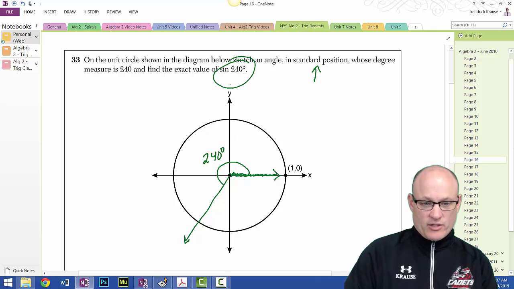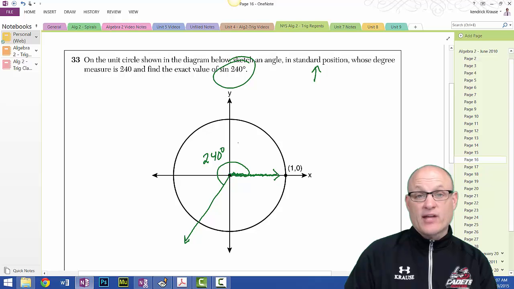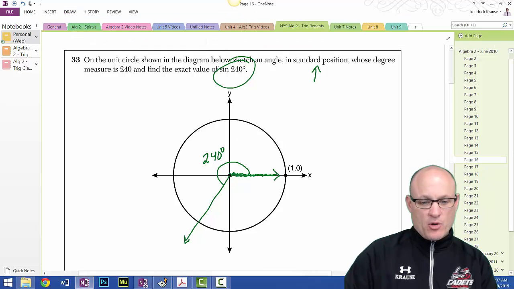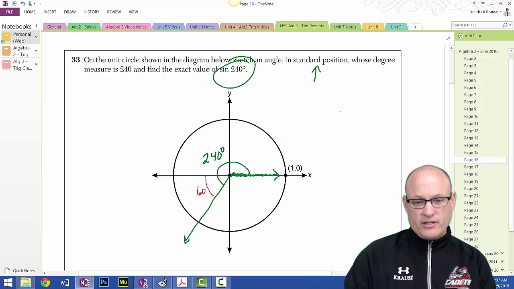Then they decide they want you to find the exact value of the sine of 240. Wow. So, you need to know, hopefully by now, that this has a reference angle of 60 degrees. So what you're really finding is the sine of 60 degrees. And you should know that's the square root of 3 over 2.